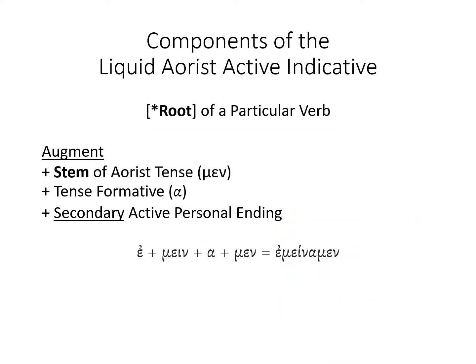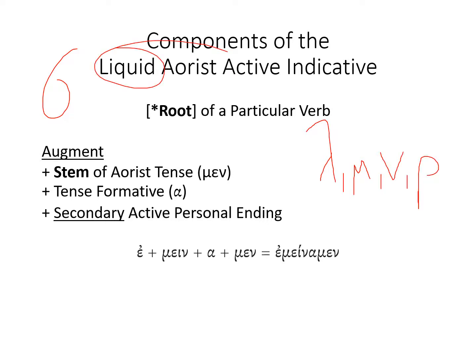When we think about the letter sigma here, we have another opportunity to think about its peculiarities. It's difficult to pronounce sigma after lambda, mu, nu, and rho. These are our liquid letters. You remember those from the chapter on the future, where we thought about liquid letters. So stems that end in lambda, mu, nu, and rho.